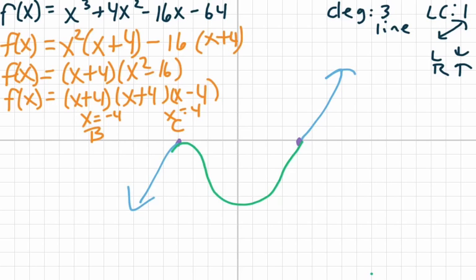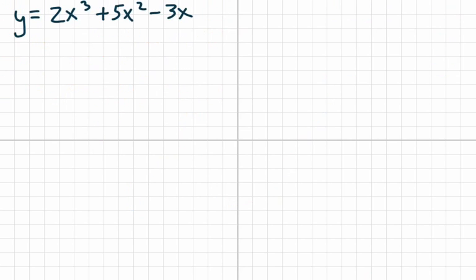All right, moving on to example 3. This one is a little bit different. This one is also a cubic, but it doesn't have 4 terms to it. So this is not a good candidate for factoring by grouping. So now we have to kick over to our other knowledge of factoring, and hopefully the first thing that comes to your mind is to look for a GCF.